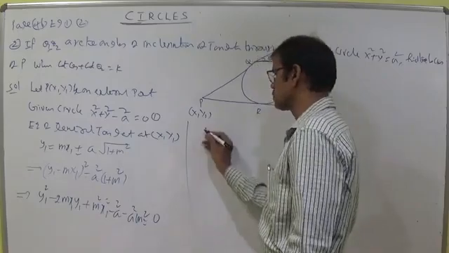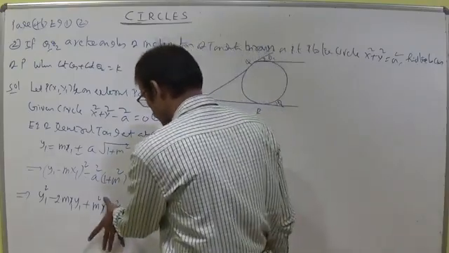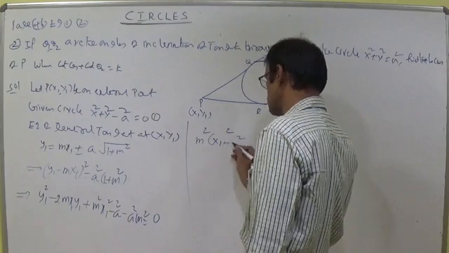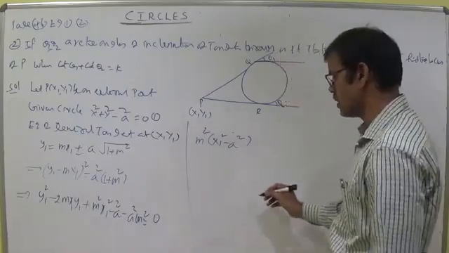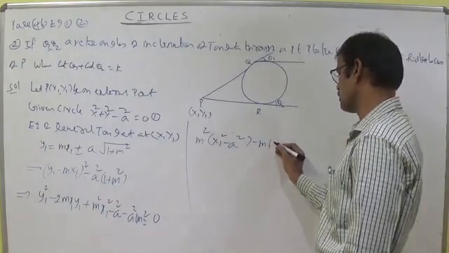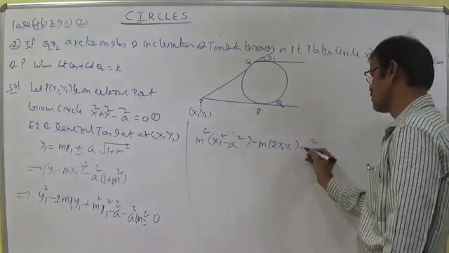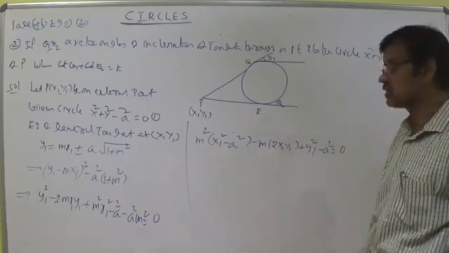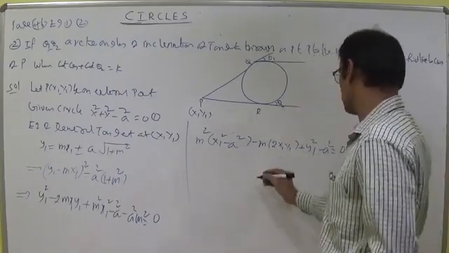Taking m square as common, in the form of a quadratic equation in m, m square into x1 square minus a square, minus m taken common, 2x1 y1, plus y1 square minus a square is equal to 0.